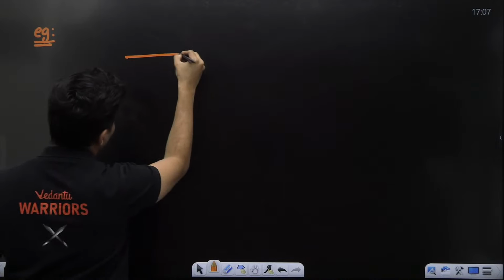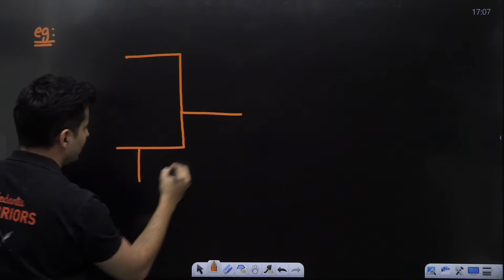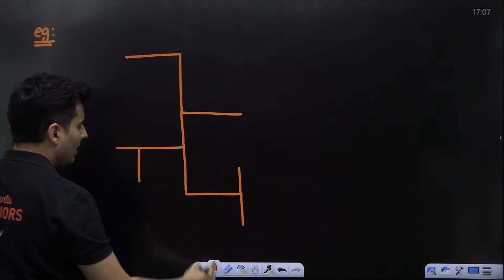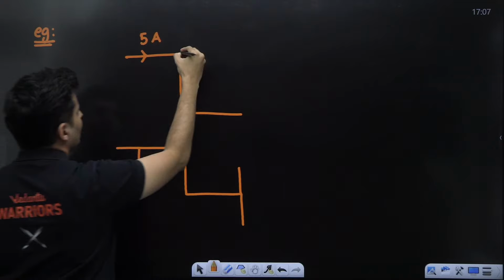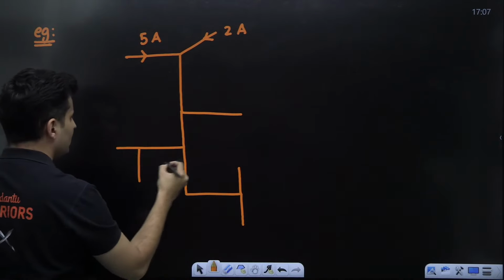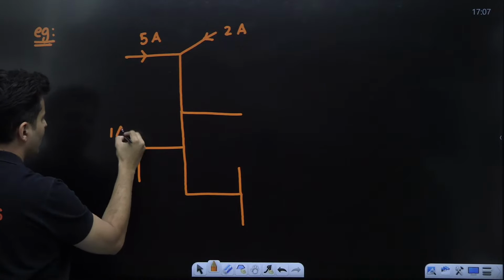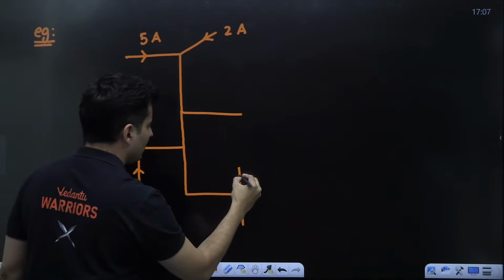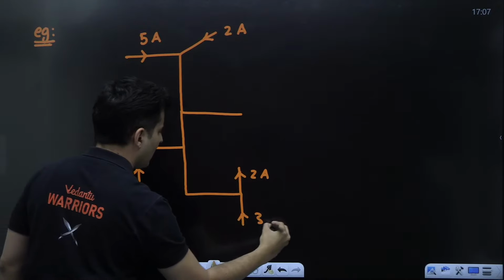I've seen a question something like this, which has a lot of wires here and there, and they can give you values like 5 amperes, 2 amperes, 1 ampere, 6 amperes, 2 amperes, and 3 amperes.